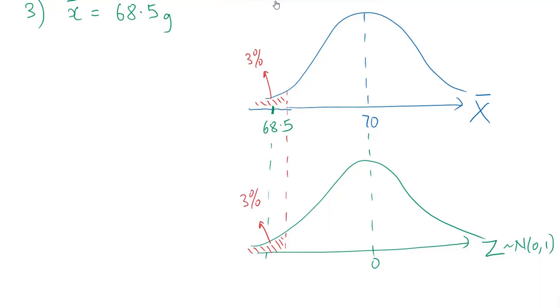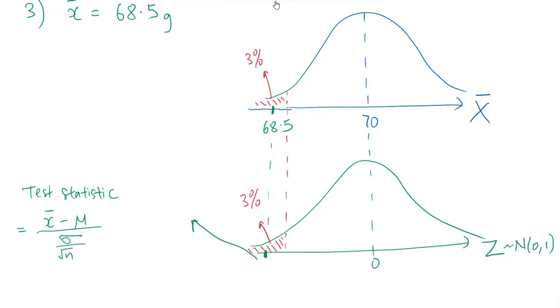The next thing I want to find out is what the 68.5 becomes. This is actually the key step. This point here is what we call your test statistic, which we have a formula for. It is simply x bar minus mu divided by the standard deviation over square root n.